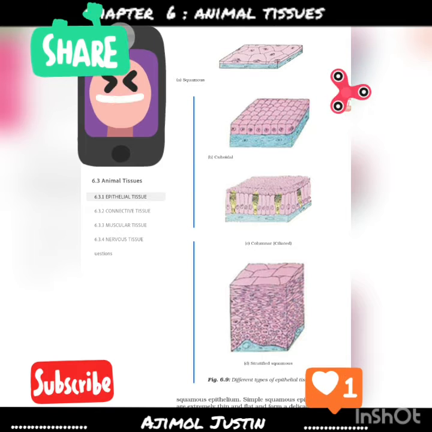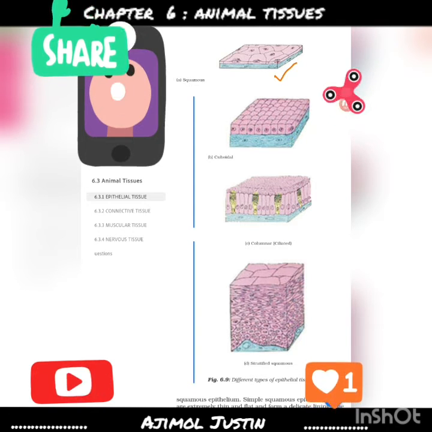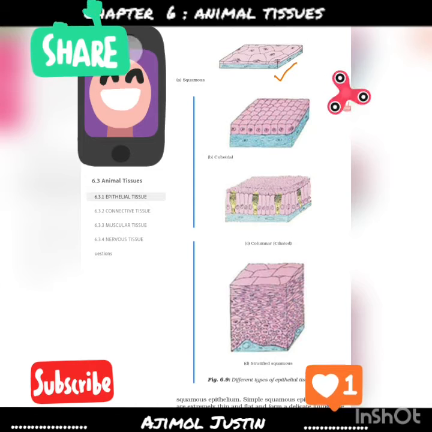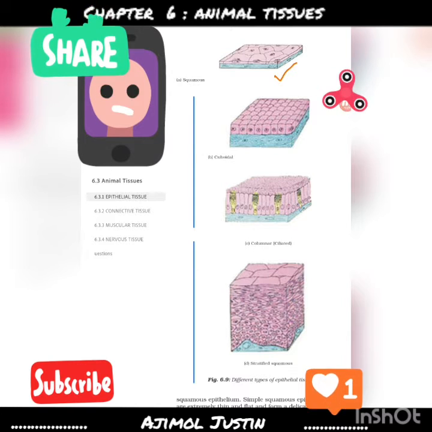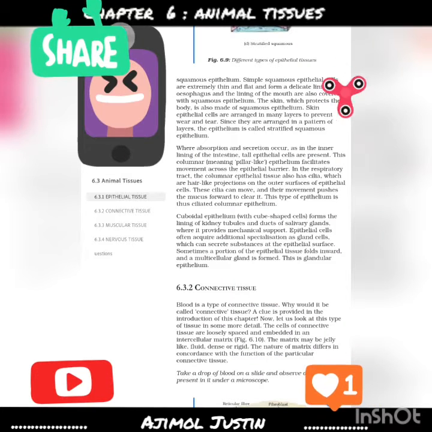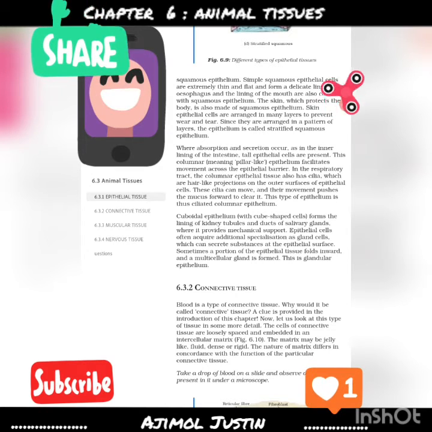In the first figure, you can see this is the simple squamous epithelium. You can see the size of it, right? It is very thin and flat and forms a delicate lining. The esophagus. What is the esophagus? Your food pipe, right? The food pipe is called the esophagus. The lining of the mouth.